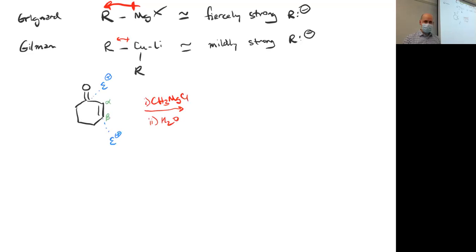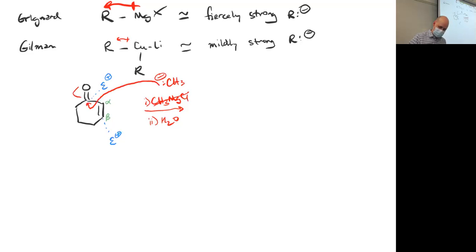All right, Mallory, Grignard acts like what? Yes, this is a fiercely strong nucleophile. It's going to act like, in this case, I just had a methyl group, so it'd be a CH3 minus. And where would that attack? Correct. That very first kind of double bond O electrophile.